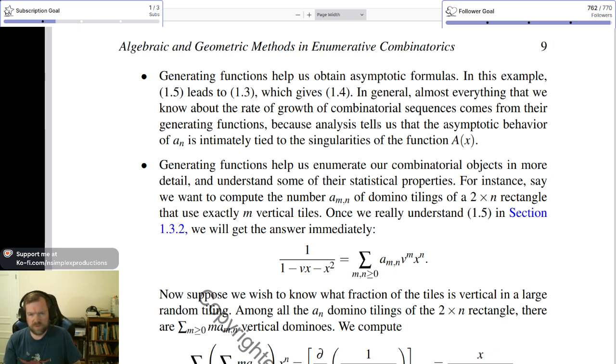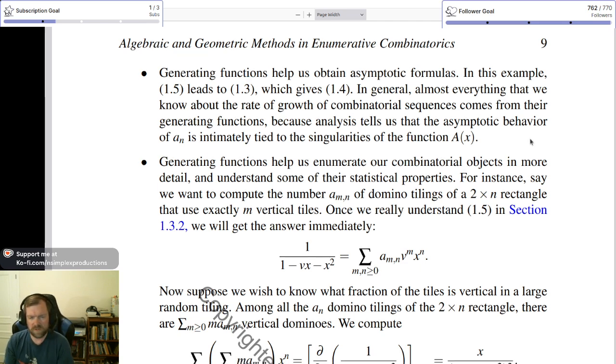Suppose we wish to know what fraction of tiles is vertical in a large random tiling. Among all the a_n domino tilings of the 2 by n rectangle, there are some sum, as m goes from 0, of m times a_(m,n) vertical dominoes.